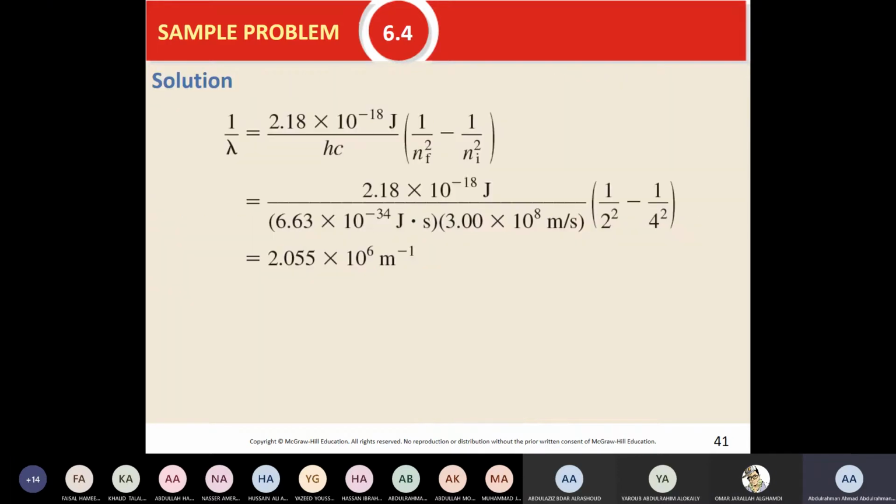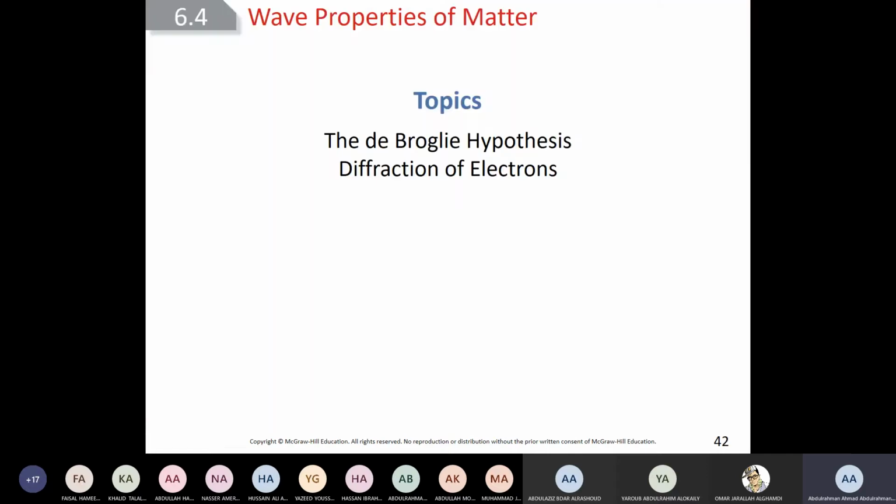And the correct answer is 1 over this number. So I hope it's the same. Yes, it's the correct answer. So lambda even here is equal to 487. Good. All right, let's move now.